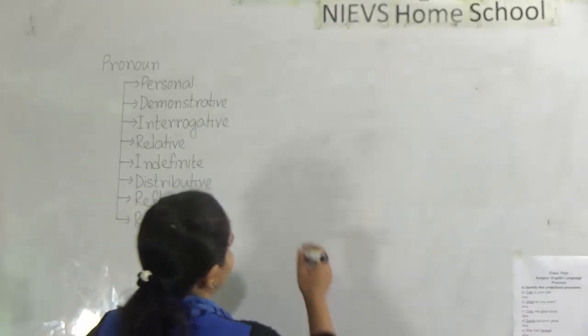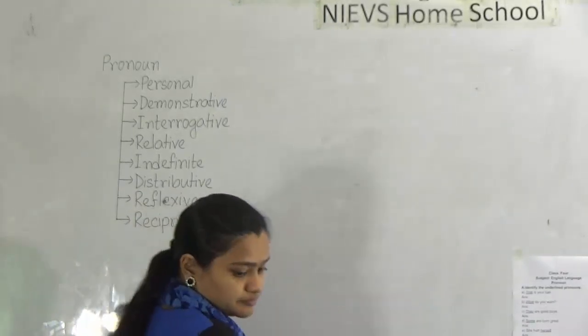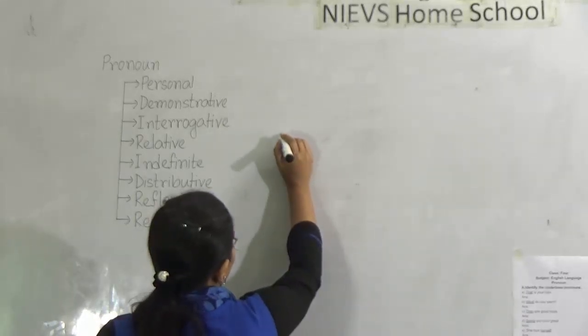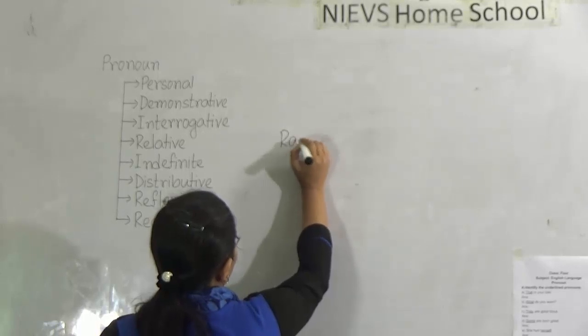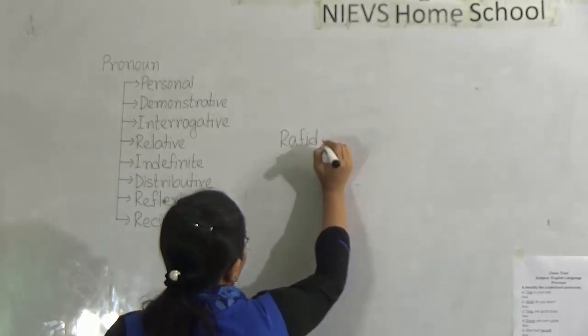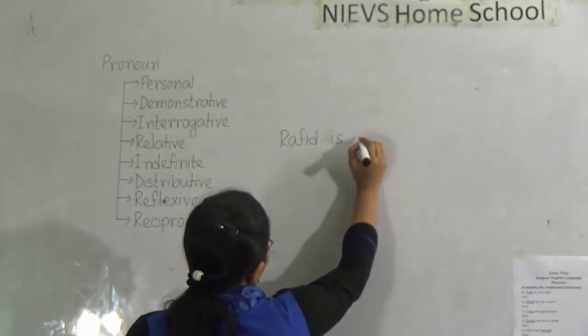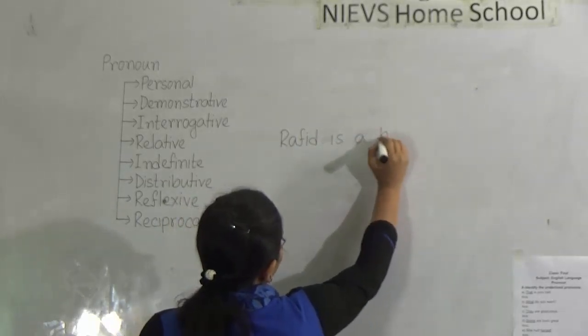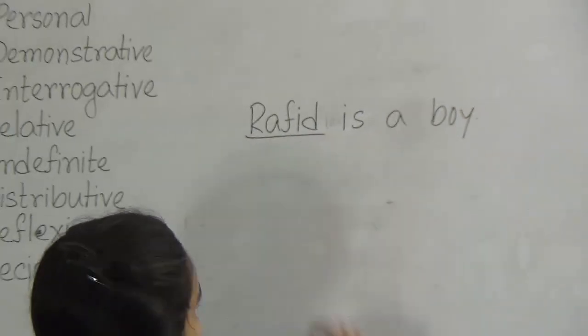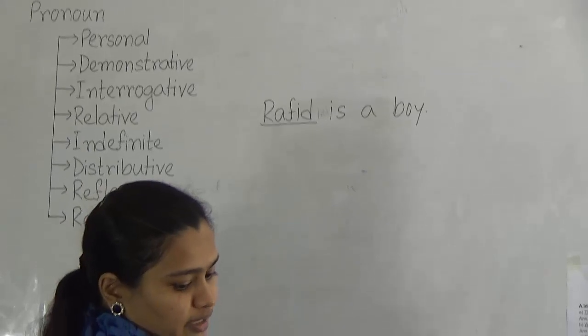Okay, now look, if I write, Rafid is a boy. Now look here, Rafid, this is the proper noun.